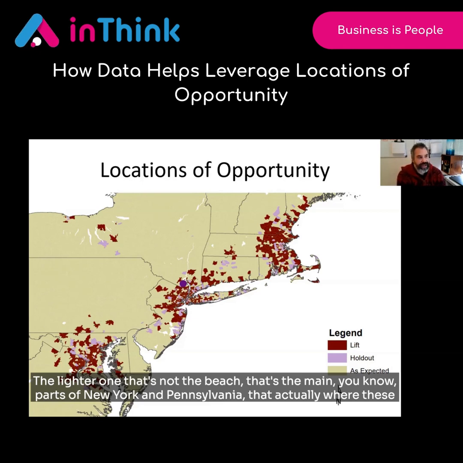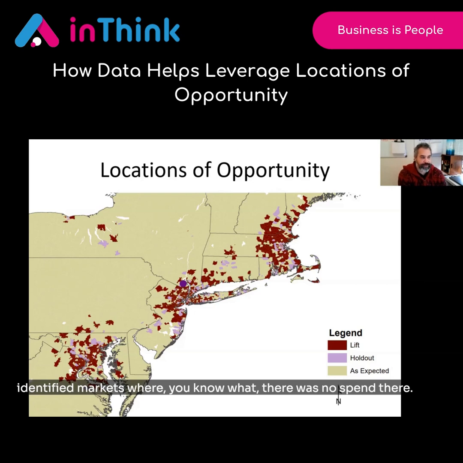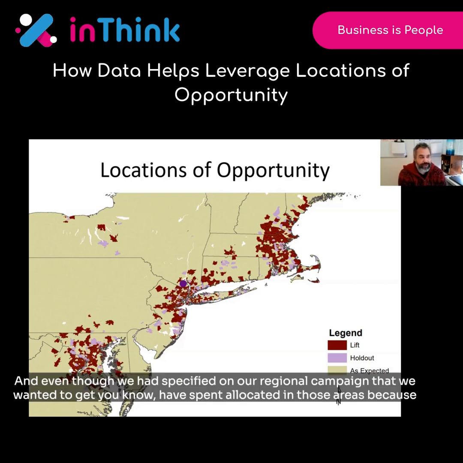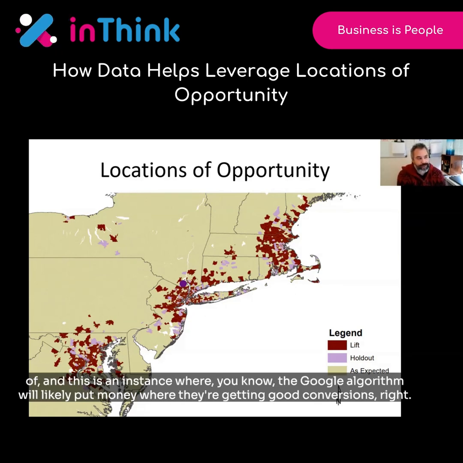That actually were these identified markets where there was no spend. And even though we had specified on our regional campaign that we wanted to have spend allocated in those areas, this is an instance where the Google algorithm will likely put money where they're getting good conversions.